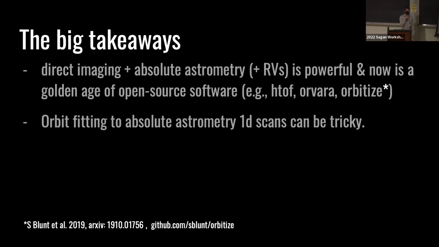Okay, so the two big takeaways that I want people to remember. Combining direct imaging with absolute astrometry, the on-sky positions, can be really powerful. I showed you that slide where you have two very different orbits, different eccentricities, different periods, that are degenerate with each other.